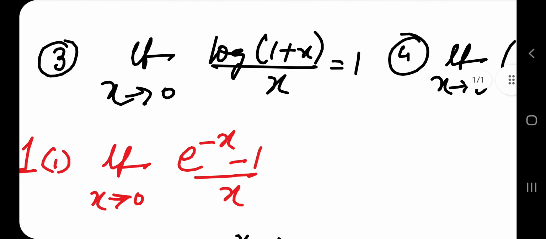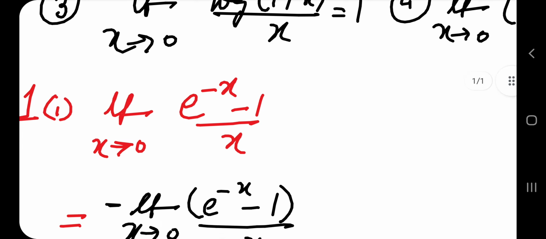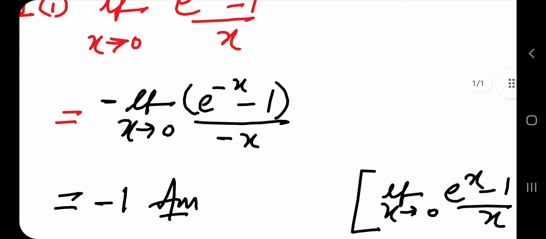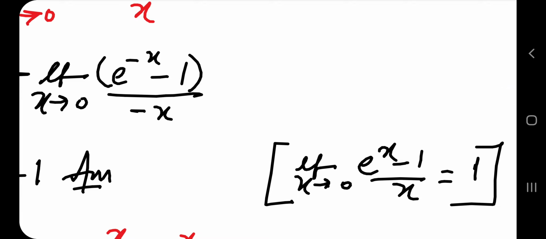So let's see how. If there is minus x in the denominator, then minus 1 has to be multiplied in the numerator. Now the total value of this limit is 1, and minus comes down, it is minus 1. So I have written over here why we are using 1.